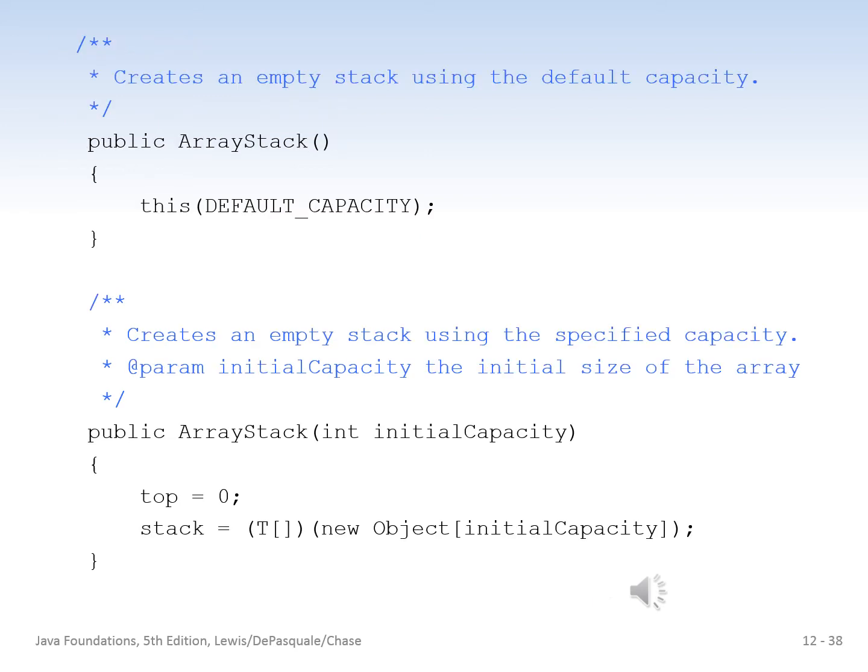Next, we have two methods that create an empty stack. The first uses the default capacity, and the second has an integer parameter specifying the initial size of the array, which is the underlying structure of the stack.